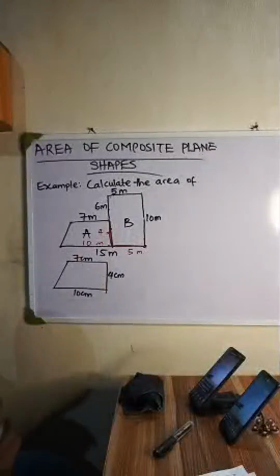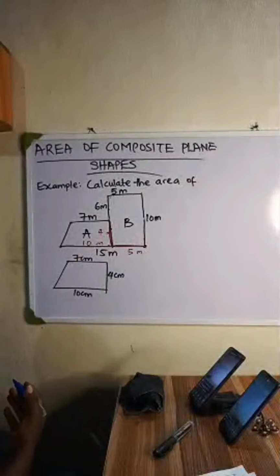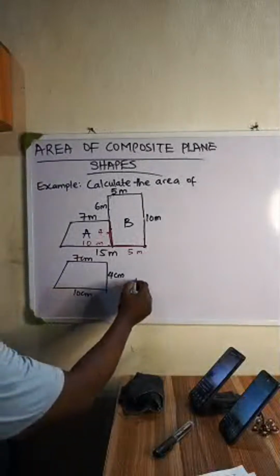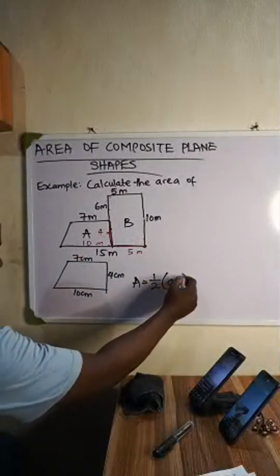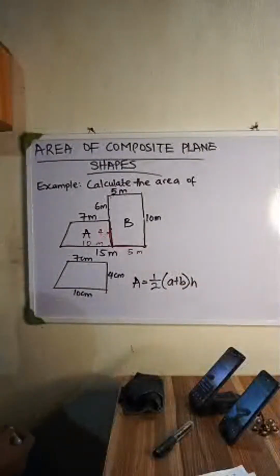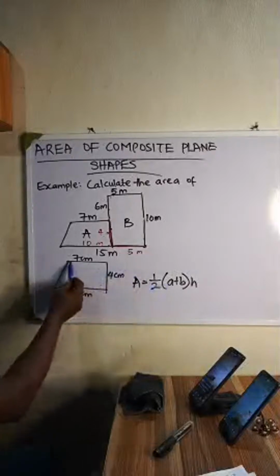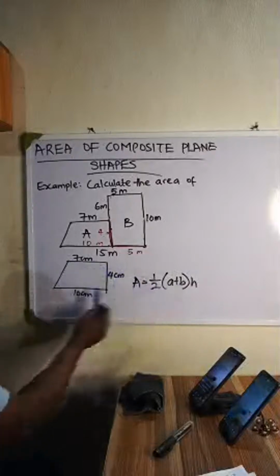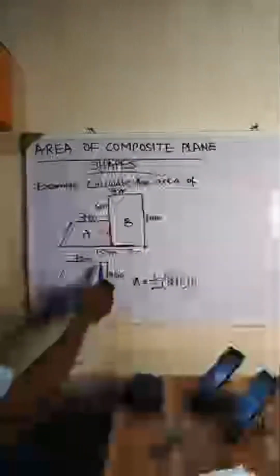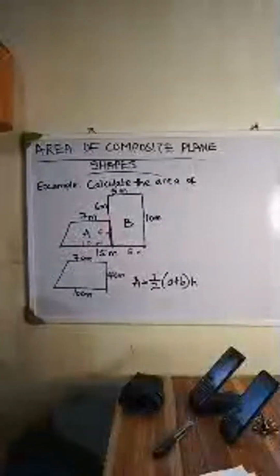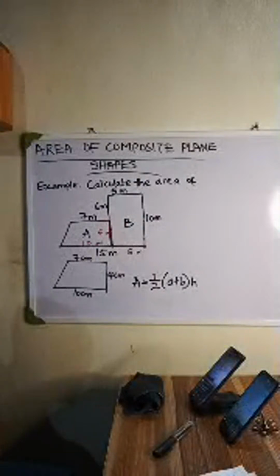Remember how to calculate the area of a trapezium. Area is equal to half (A plus B) times height. A is the shorter length, B is the longer length, and H is the height. Okay, so we're going to apply that.